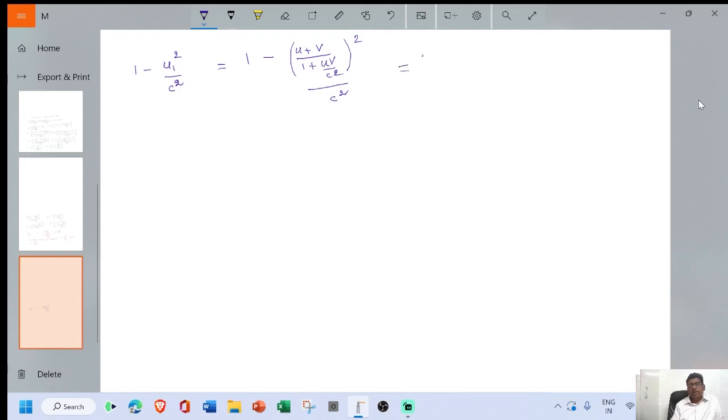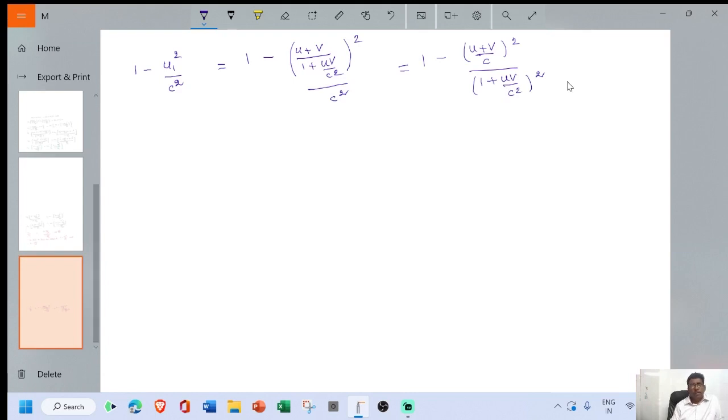This is equal to 1 minus u plus v by c whole square divided by 1 plus uv by c square whole square. See here, u plus v, the c square is taken, u plus v by c whole square divided by 1 plus uv by c square whole square.